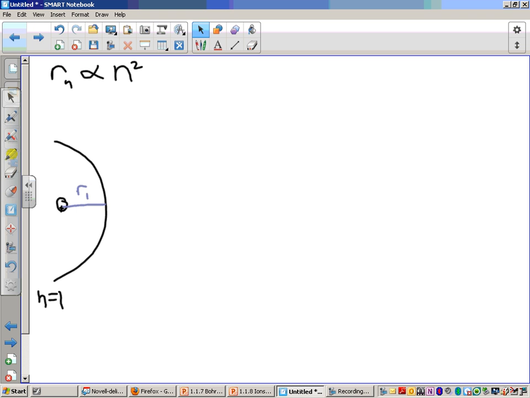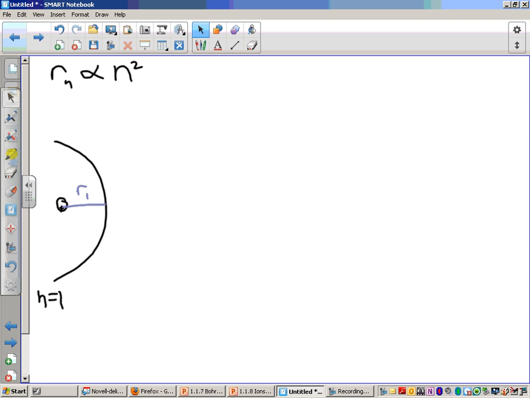Lily, what do you got? 2 times farther away. Since I doubled the first orbit, since I went from 1 to 2, it's going to be twice as far. That would be true if the radius was the same as the orbit number. Double the orbit number, double the distance. But it's not the same. It's related to the square of the orbit number. So if I double the orbit number, what's going to happen to the distance if it's related to the square of that number?